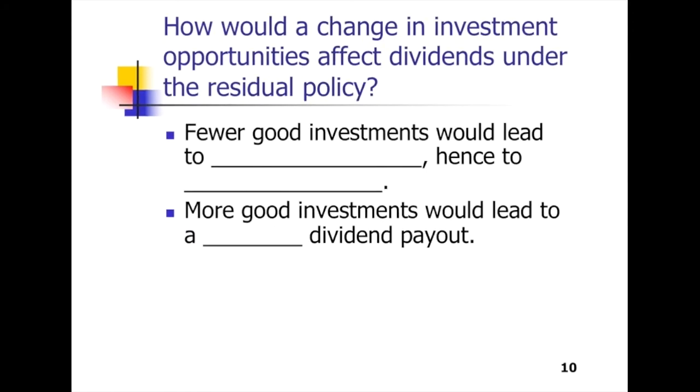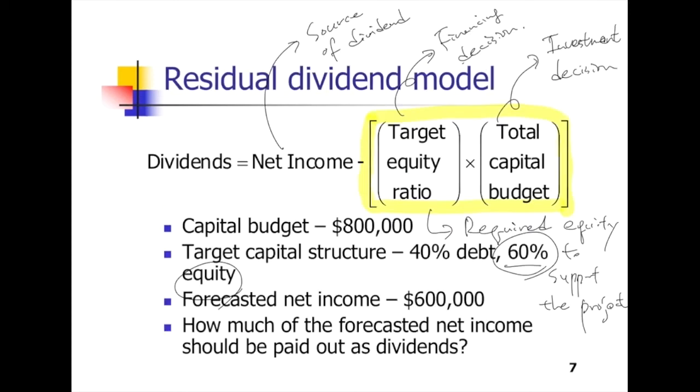Here is one question: how would a change in investment opportunities affect dividends under the residual policy? So poorer good investments would lead to this part going down, right? So the total capital budget goes down, which means the dividend increases, right? The opposite case, if the firm has more good investments, it means the total capital budget increases, right?